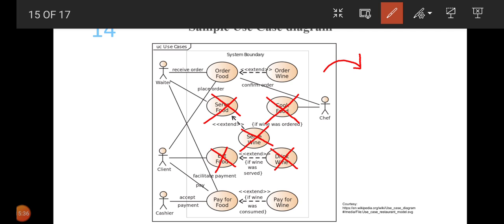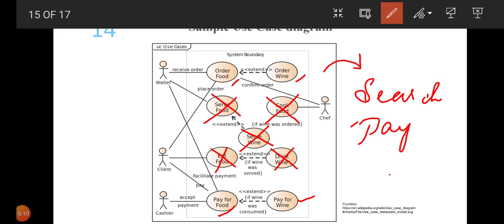However, we can still make use of order food, order wine, pay for food, pay for wine. So all these things can be done using the software. So we can make use of these use cases. Similarly, we can think of some other use cases like searching for menus, search for food or search for menus. And we can also make use of different other parameters like payment or pay tips.